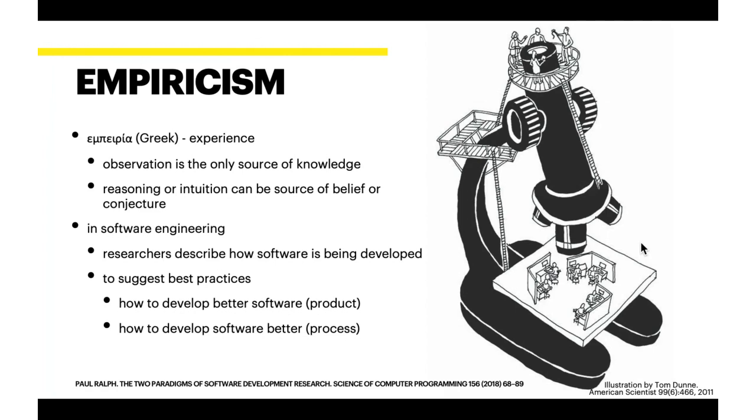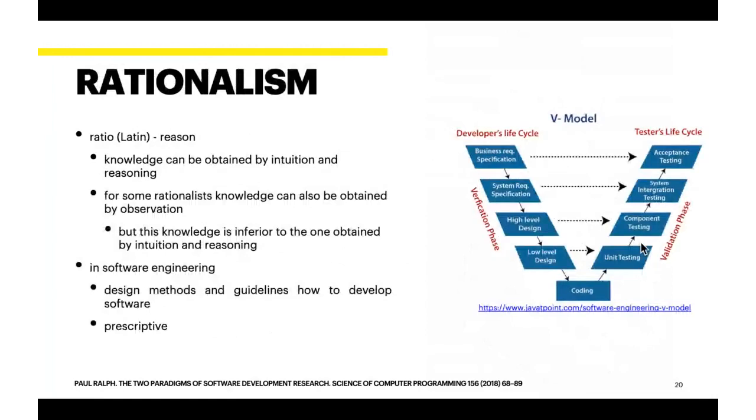Empiricism is, of course, not the only view on software engineering. A competing view is rationalism. Rationalism comes from Latin, from ratio, which is reason. And the foundation for rationalism is that the knowledge can be obtained by intuition and reasoning.